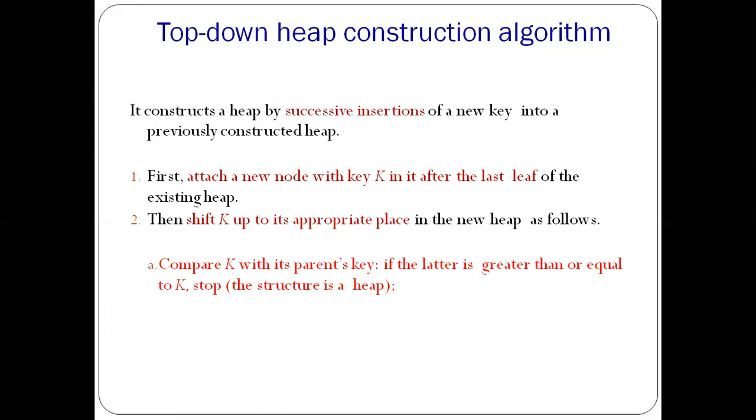And you check whether, after adding that new node, its parent is satisfying the heap property. If its parent is satisfying the heap property, it means you added a smaller value as a leaf than its parent, so there is no need to continue. It's already a heap, you can stop.